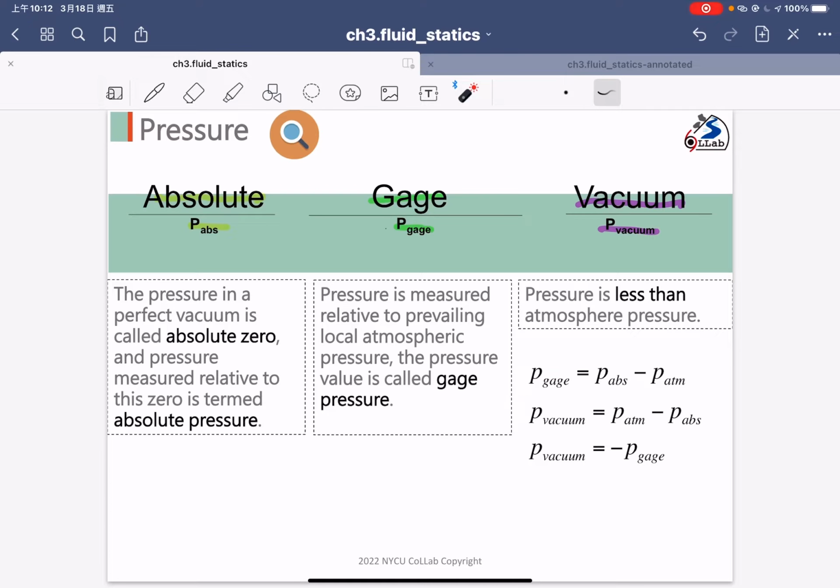Okay, so usually we call that the P_gauge: the absolute pressure relative to P_ATM. And you see the vacuum is the minus of the P_gauge. So the vacuum is P_ATM minus P_ABS.